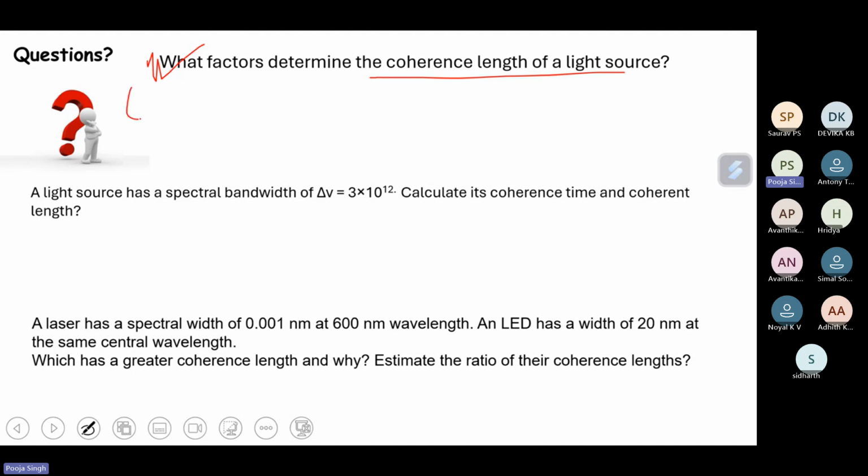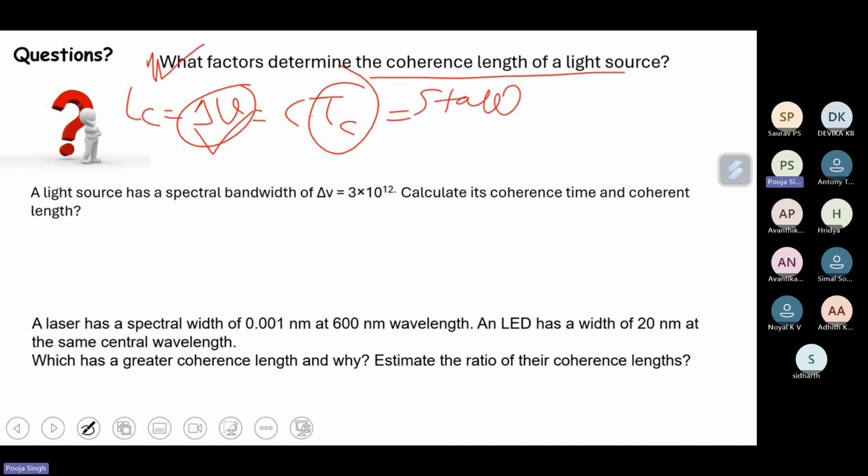Coherence length, as I told, is equal to c into time, and it depends upon the spectral width of the line. Also the coherence time, and also how stable your light source is. Stability of the light.